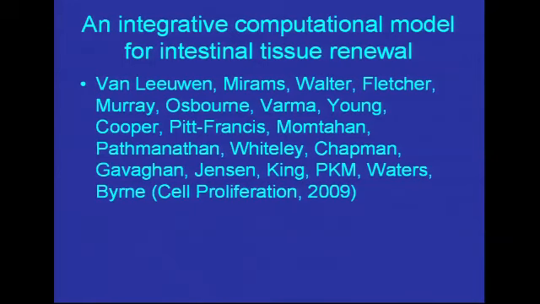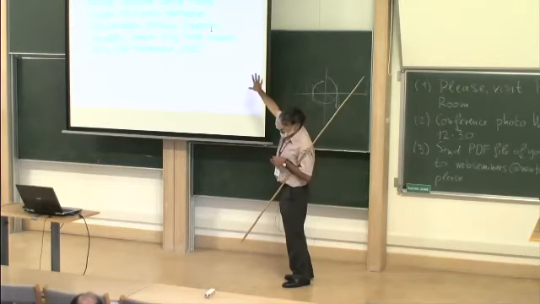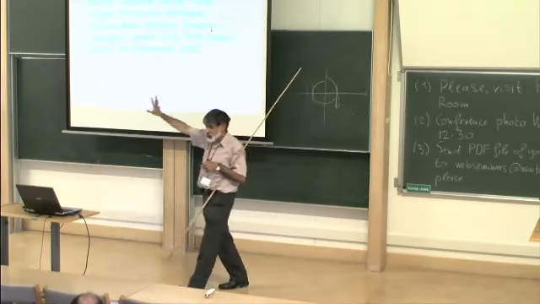And this takes mechanics into account, because those of you who love mechanics are probably getting ready to kill me because I've spoken for 50 minutes on a biological topic and not mentioned mechanics once. So I apologize for that. This takes mechanics into account in a simplistic way, but it's beginning to.